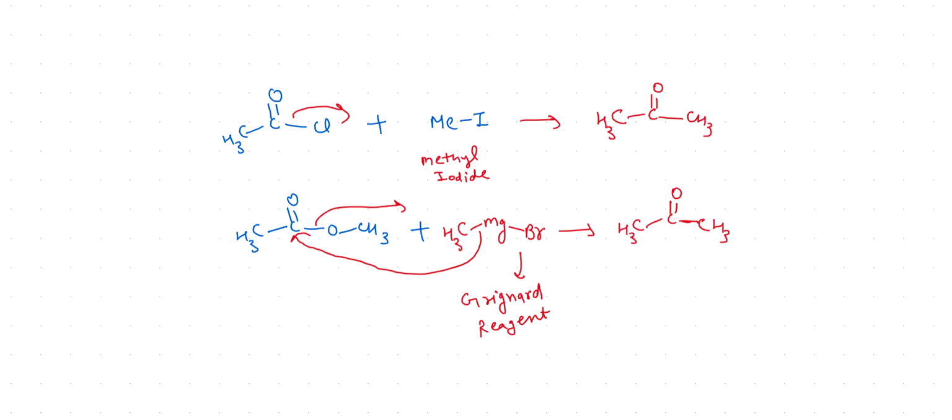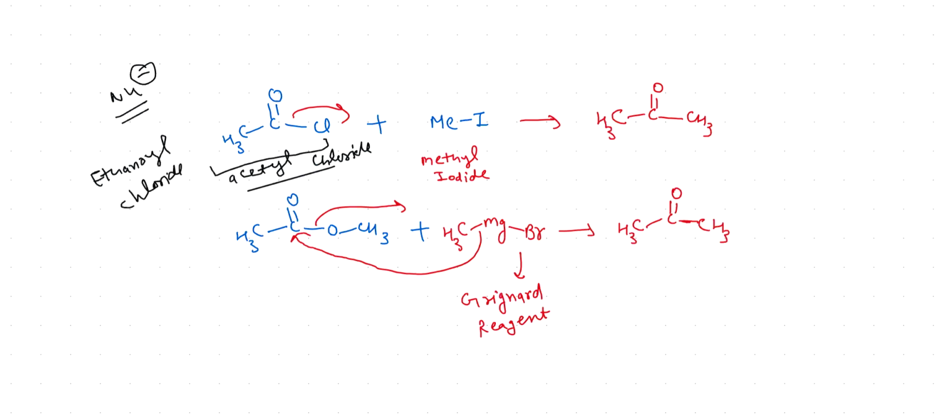Okay, so there are some other examples of nucleophilic substitution reactions. In this, our substrate is acetyl chloride. This is its common name, and its IUPAC name is ethanoyl chloride.